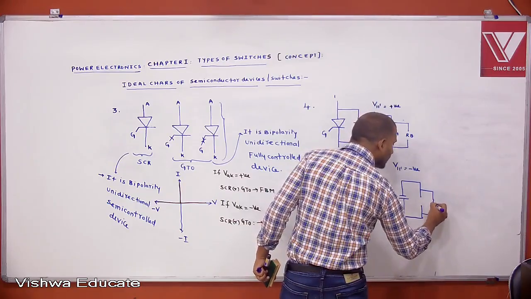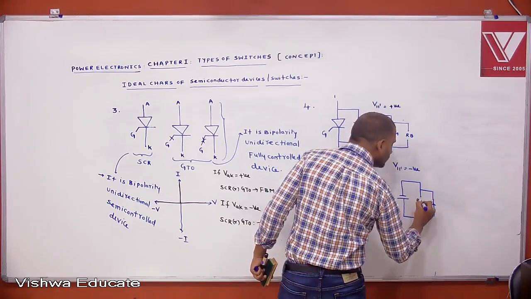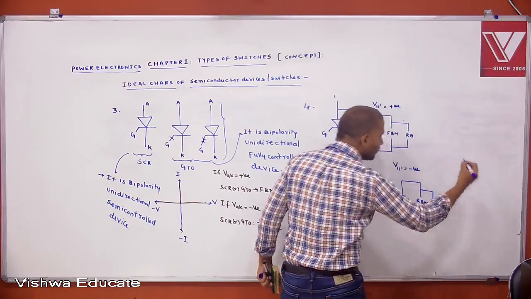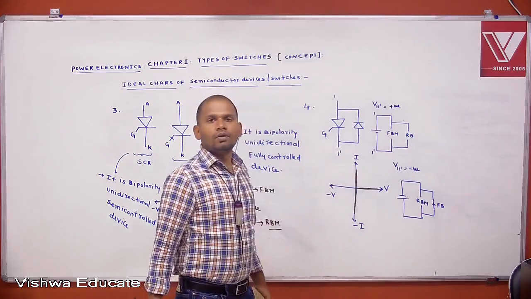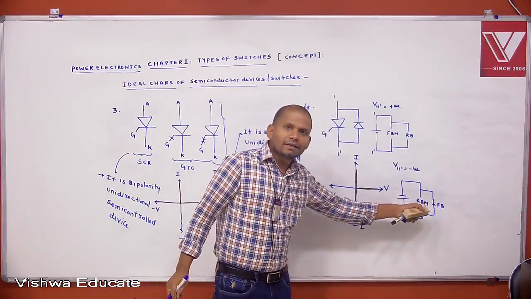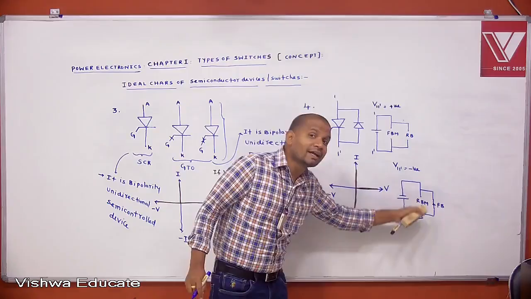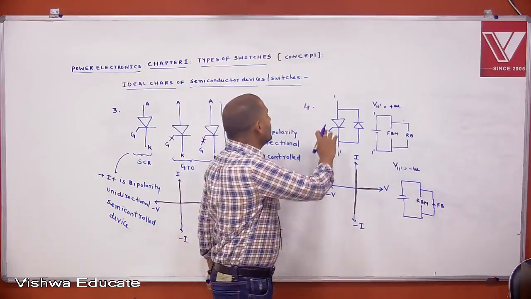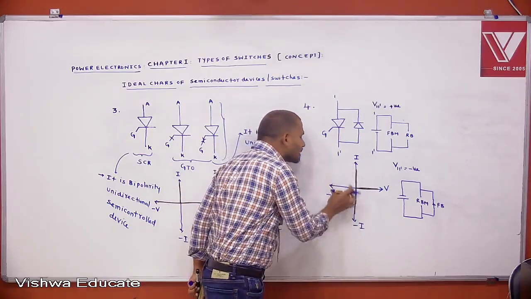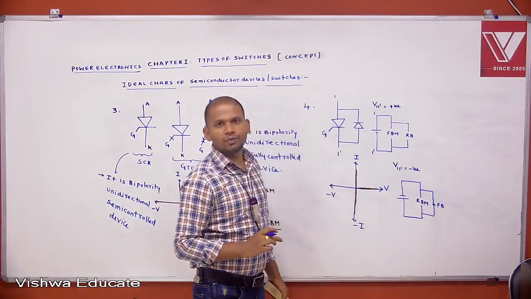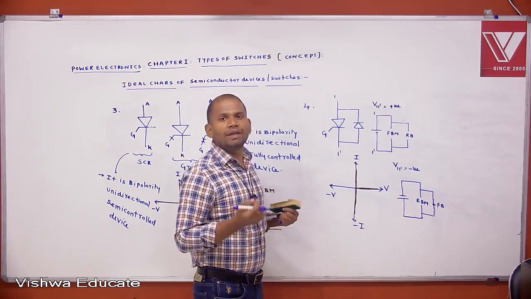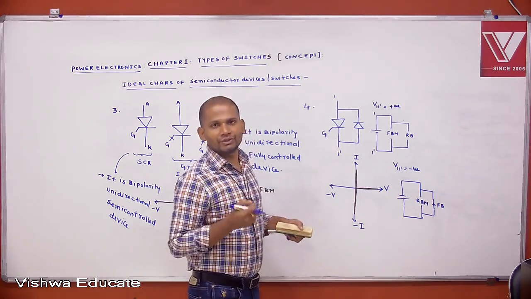It starts the conduction. Here the diode is conducting, so the total device is conducting. That's why this device cannot block reverse voltage, because if negative voltage is applied, it starts the conduction.